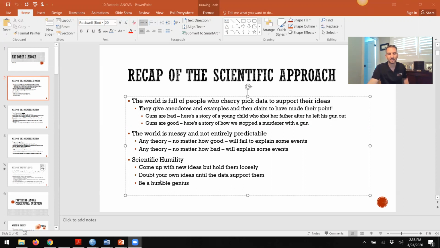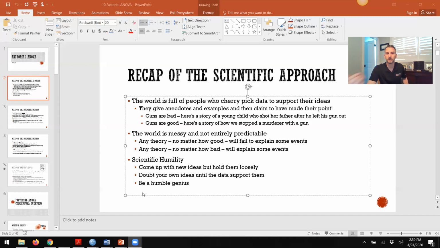In fact, if they do it, they probably do better in their work. But then there are others who just assume that they're going to get it right all the time, and I think that's being full of yourself and being prideful. So that's what I mean when I say scientific humility, and hopefully that's come throughout this whole course, so you can expand on this idea.